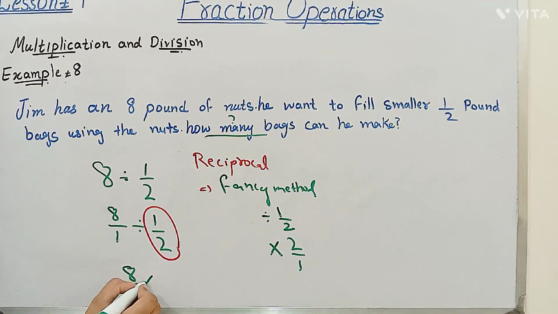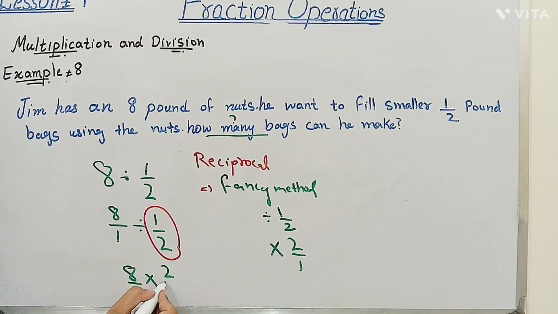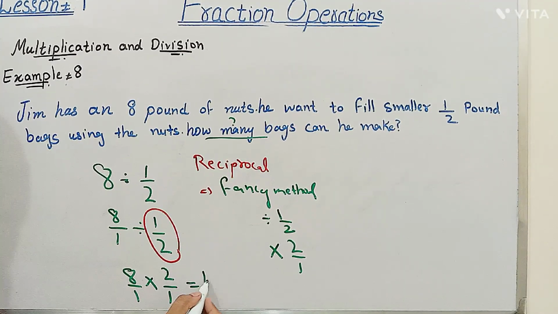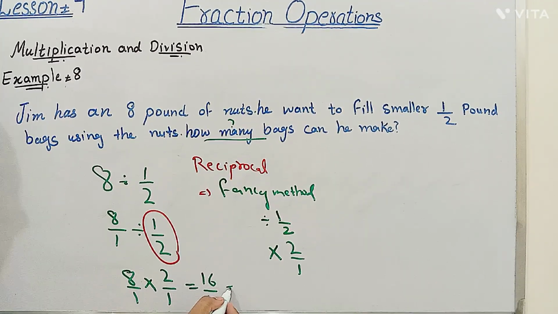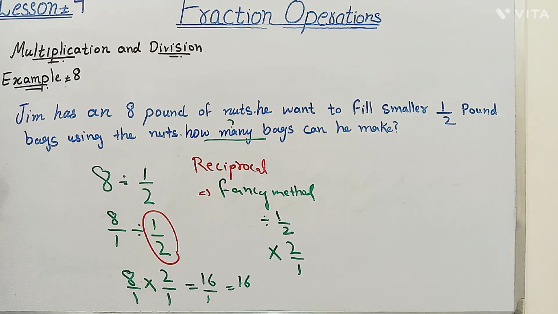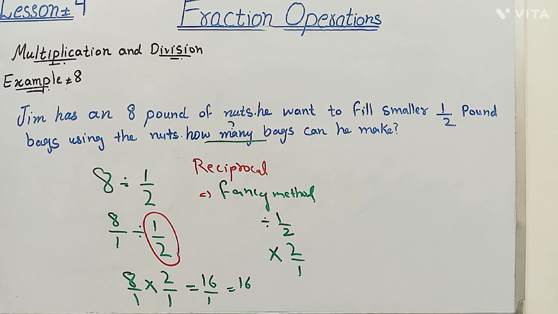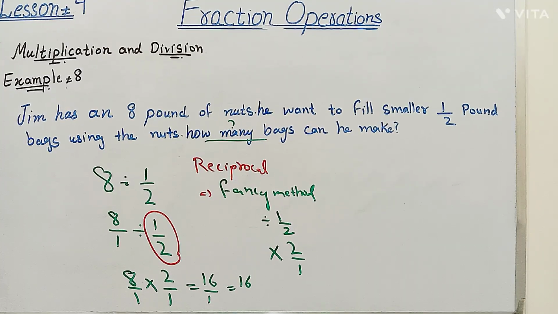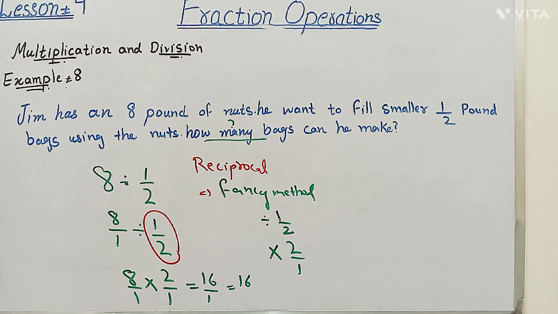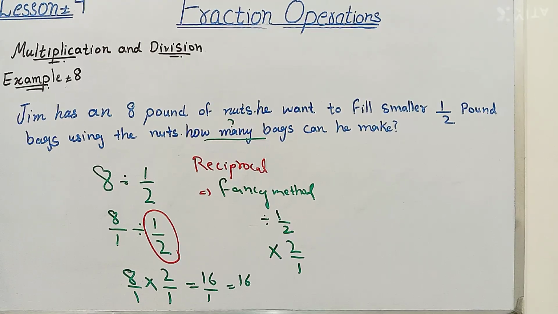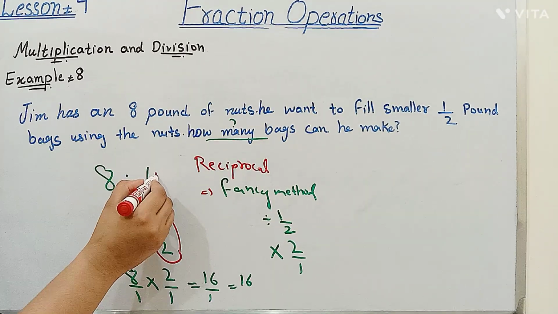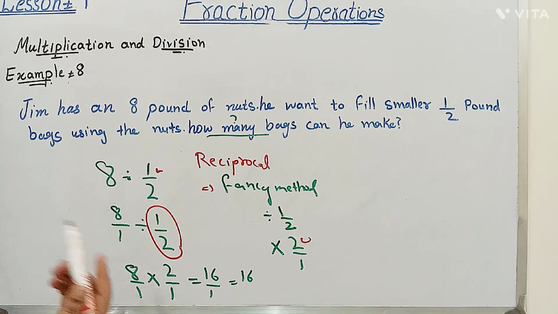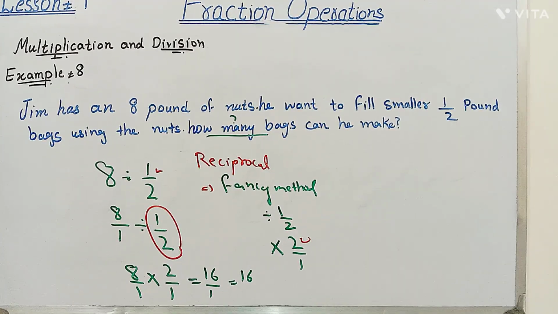So 8 over 1 multiplied by the reciprocal, 2 over 1, and my final answer is 16 by 1. So can I write it as 16? Yes. So my final answer is 16. Division is also very easy. It's not difficult like addition and subtraction, where we need to make common denominators. We only change the fraction after the division, make the reciprocal, and then directly multiply.